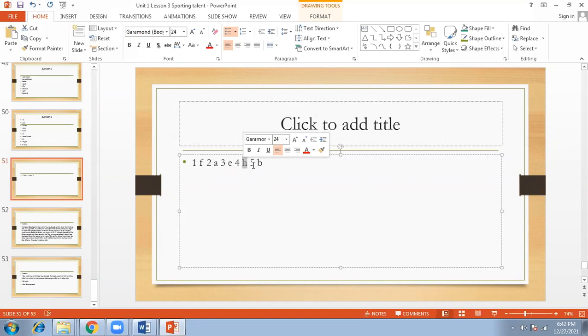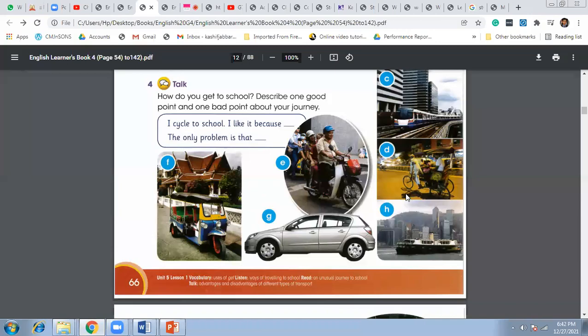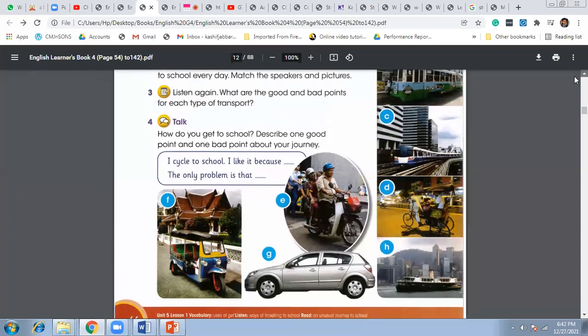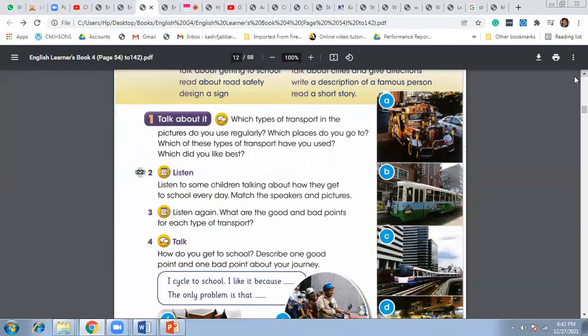And number 5th speaker was talking about the picture B, which is a tram. All right. So I hope you got the idea. Now I'm going to ask you guys these questions.